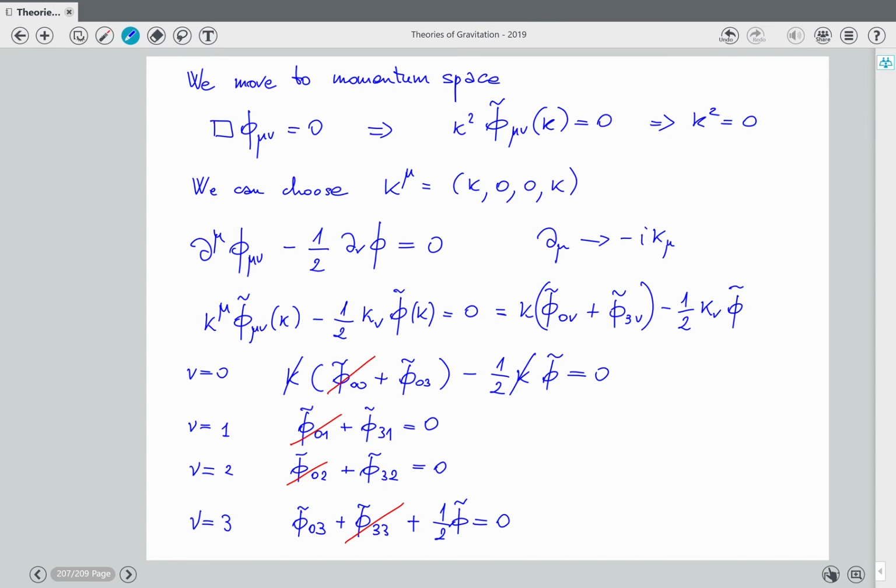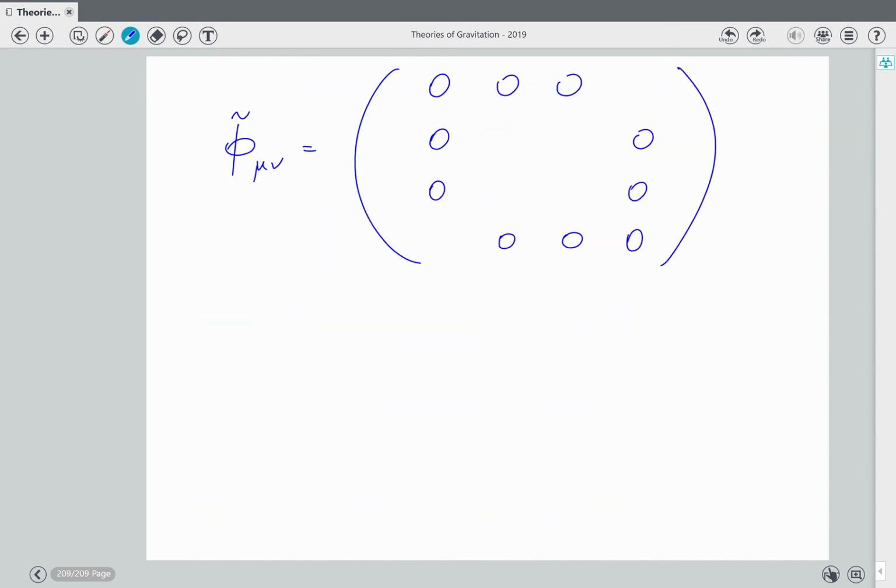Now, from the other 2 conditions, actually the signs are very important here, because you see, from the other 2 conditions you have phi tilde 0, 3 is equal to 1/2 phi tilde. And phi tilde 0, 3 is equal to minus 1/2 phi tilde. Which means that phi tilde 0, 3 is 0 and phi tilde is 0, the trace. So let me write it like that. All of those are 0. Phi tilde 0, 3 and the trace. So phi tilde 0, 3 means this one, and it's 0.